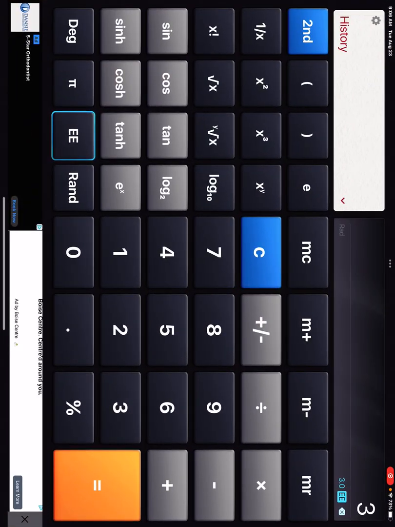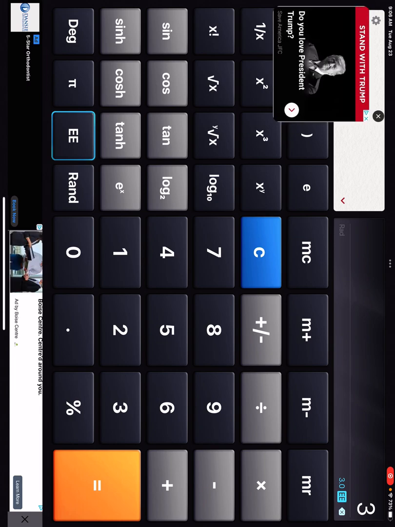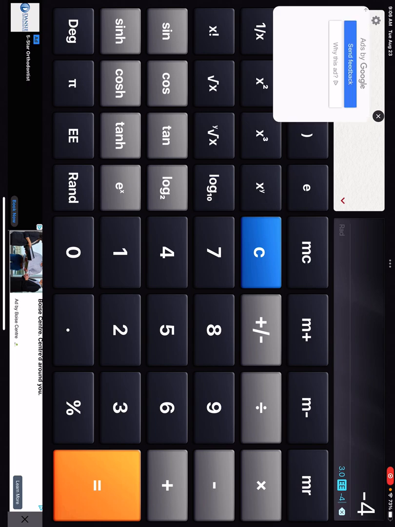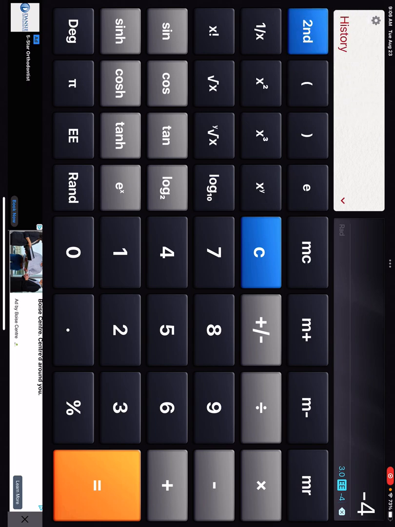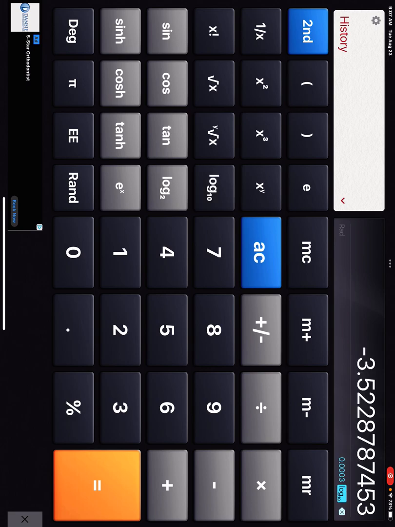So we're putting in our exponent of negative 4. And then we're going to take the log of that. Goodness me. And I think I did that wrong, so I'm going to clear it out. So the log base 10 of 3 times 10 to the negative 4th equals. Okay, so there it is. And then I'm going to take the log of that.